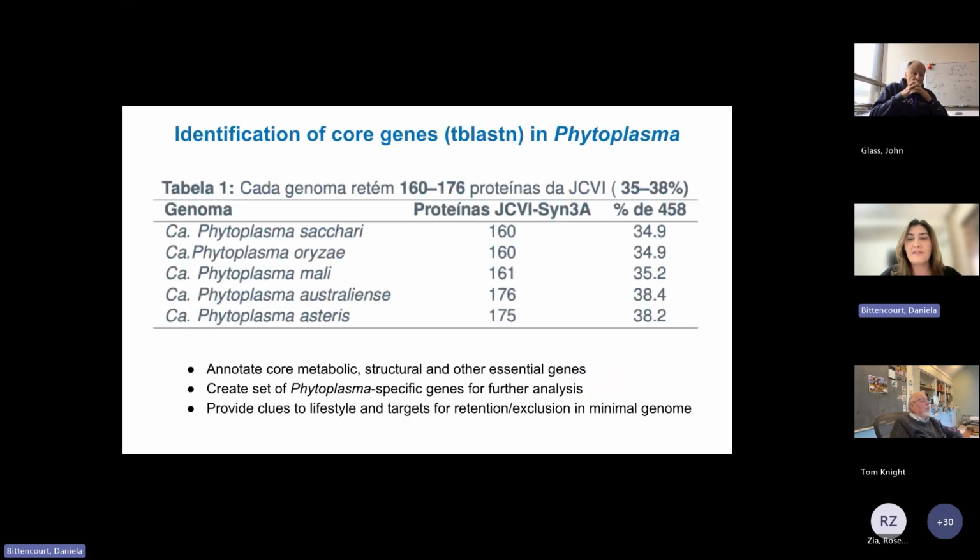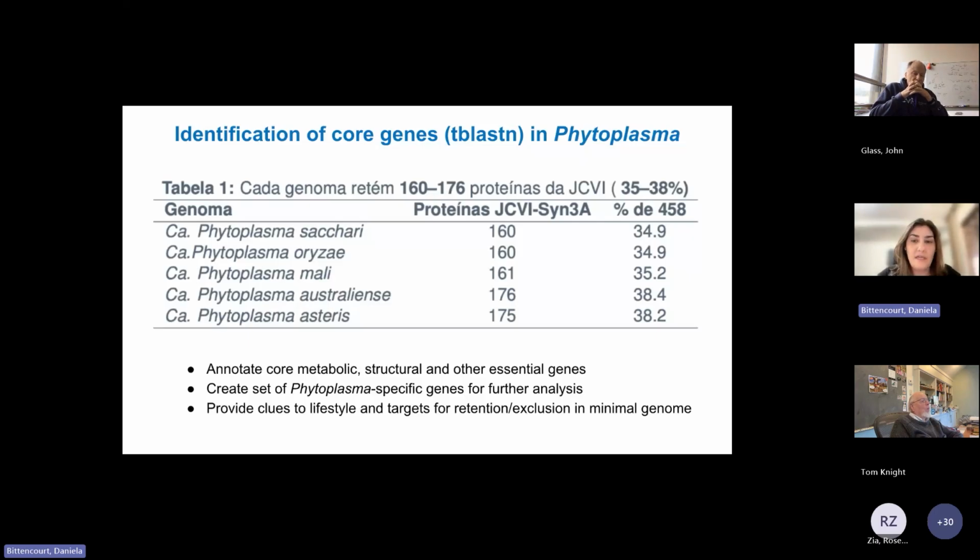And we just started to make some analysis and comparing those genomes. So the first analysis that we performed is just to identify the core genes. We use T-BLAST search to annotate metabolic, structural, and other functions across phytoplasma genomes.